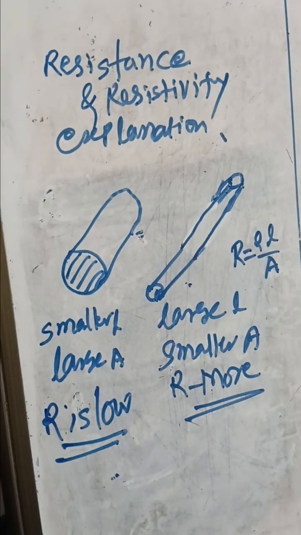Accordingly, where cross-sectional area increases, resistance decreases.